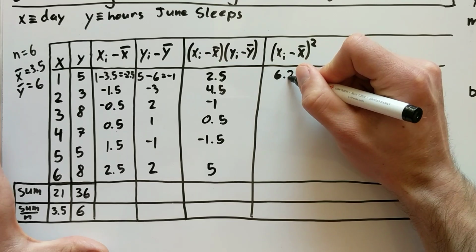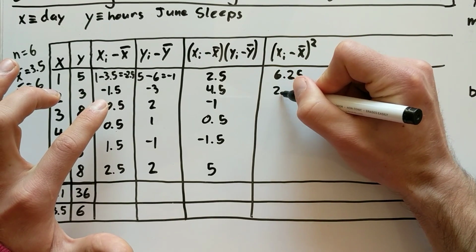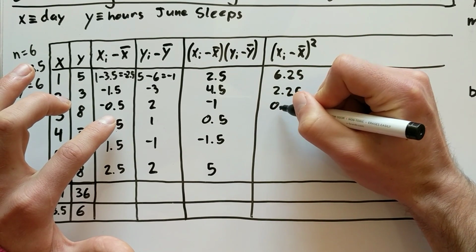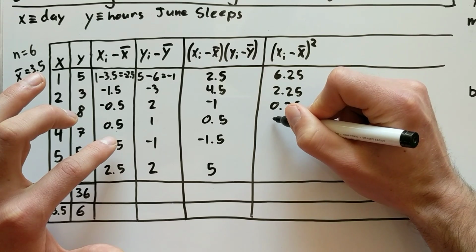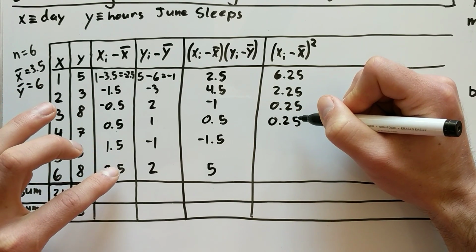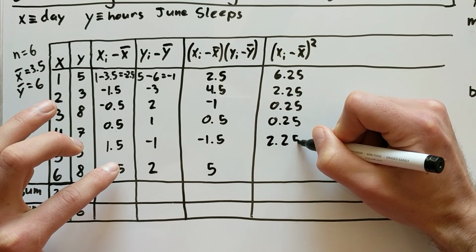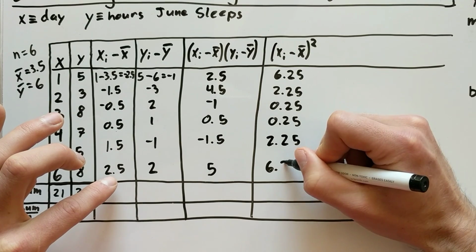So it's 6.25, 1.5 squared, 2.25, 0.5 squared, that one we can do in our heads, 0.25, and again 0.25. 1.5 squared turns out to be 2.25, and 2.5 squared is again 6.25.